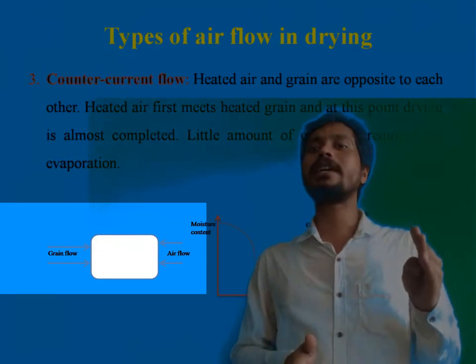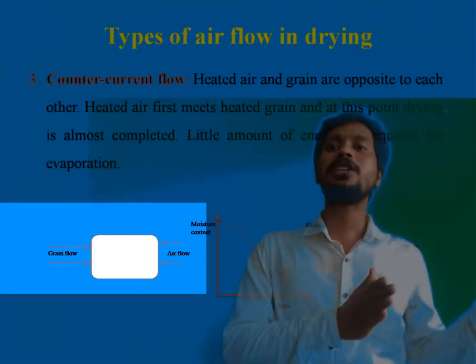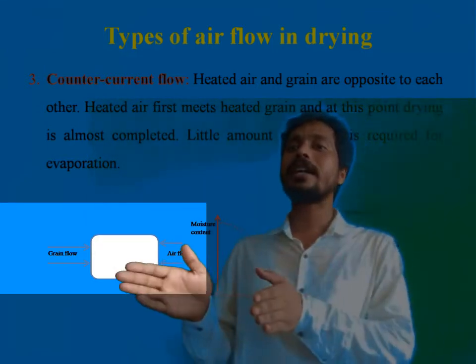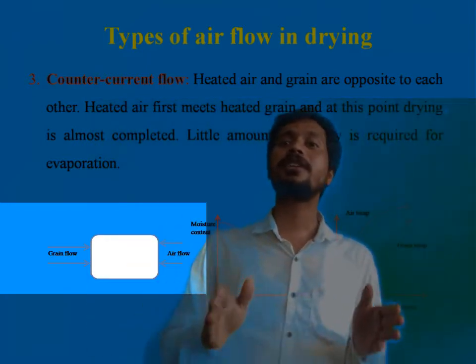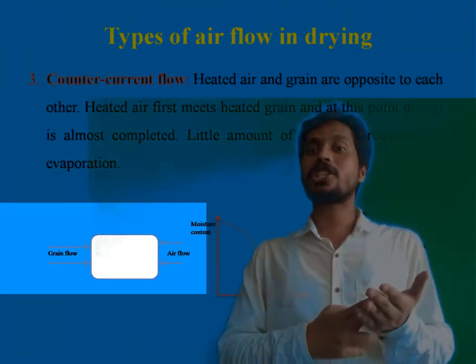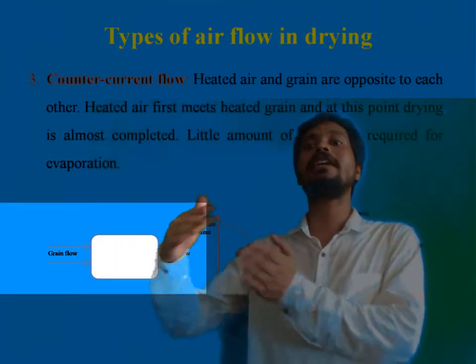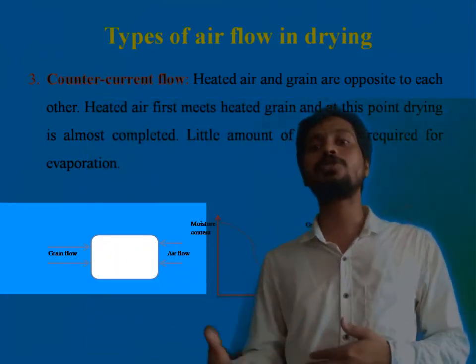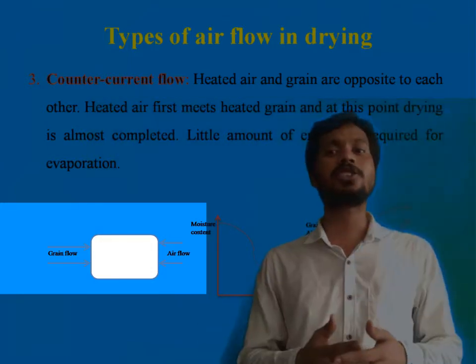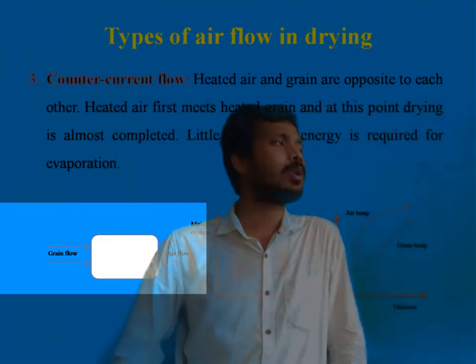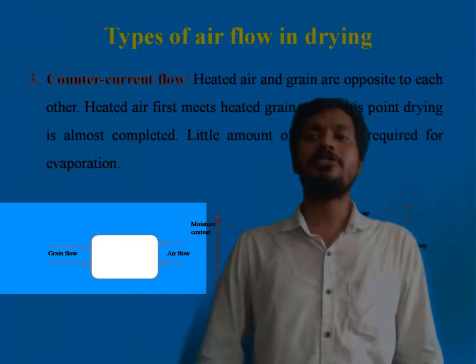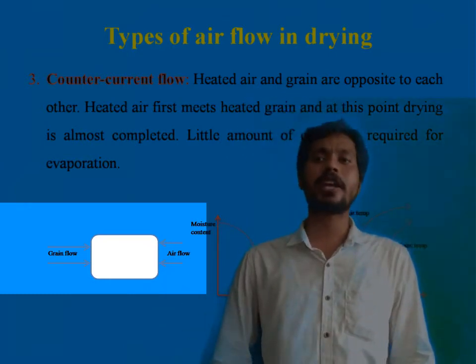So hot air is not directly coming into contact with the grain. Hot air is coming into contact with that grain which is coming out of the drying chamber, which is already heated by hot air. So that's why the damage to the product is not so much. So counter current is also very much preferable during the drying process.